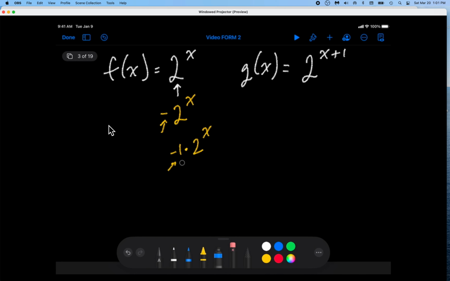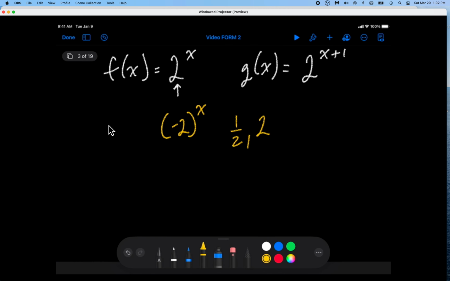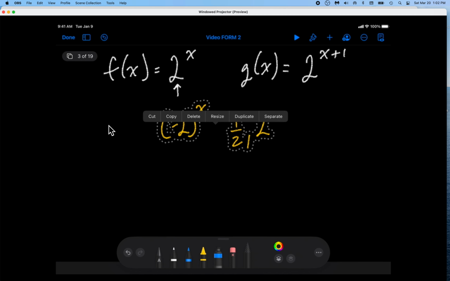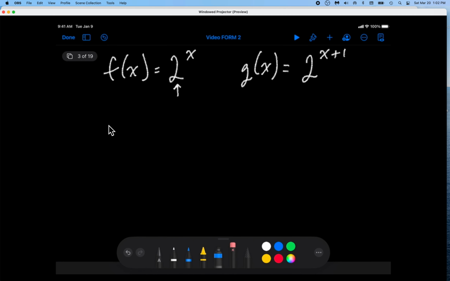What is not a legal function would be this. That would be an illegal function. So again, legal are things like fractions, because that's between 0 and 1, or whole numbers like you see in this problem.